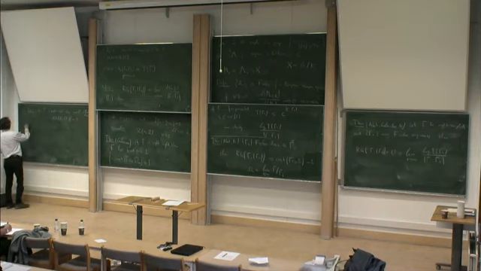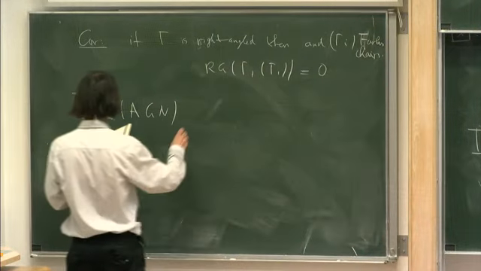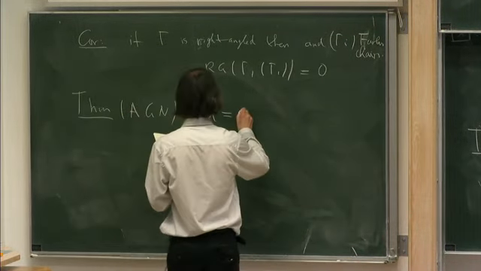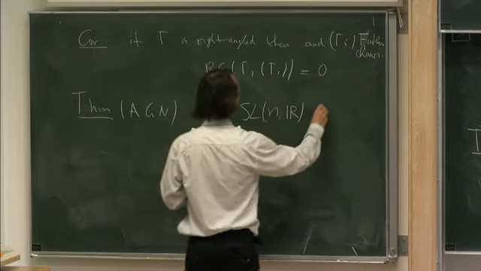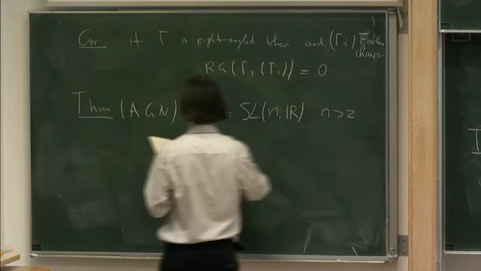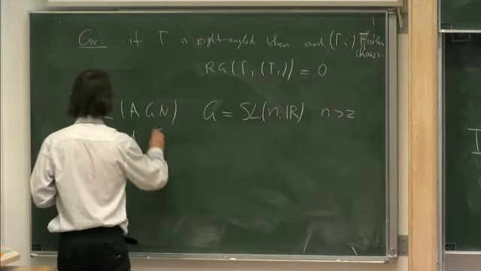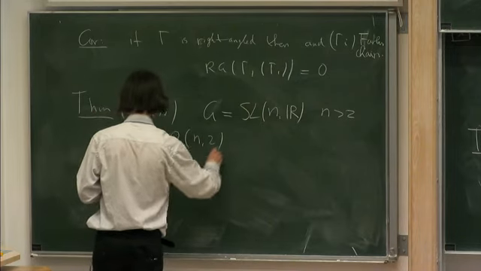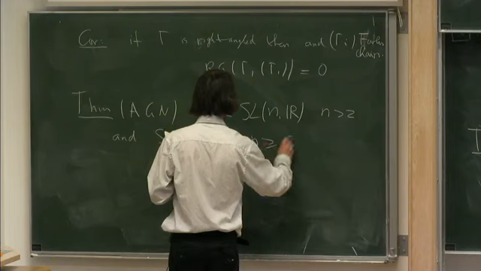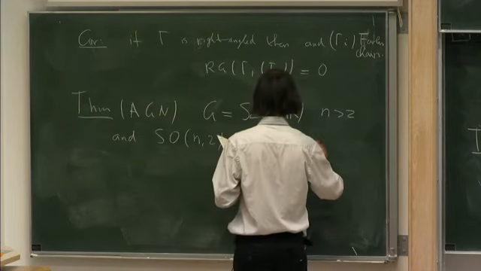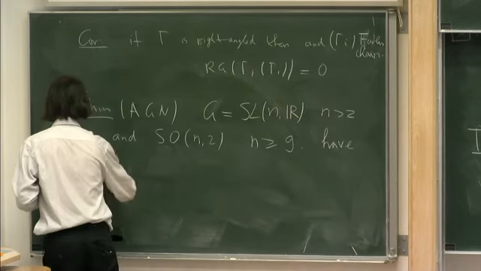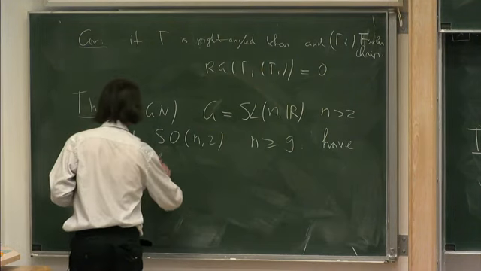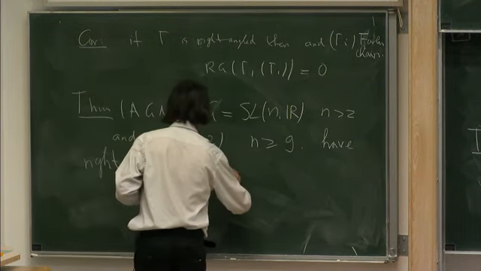So another theorem from that paper is that the groups that we considered, SL_n(R) with n bigger than 2, and SO(n,2) with n at least 9, have right-angled cocompact lattices.